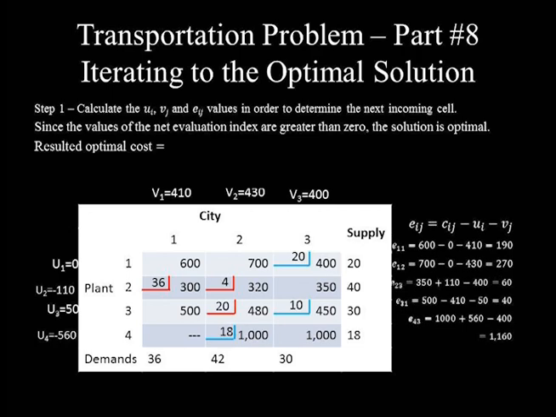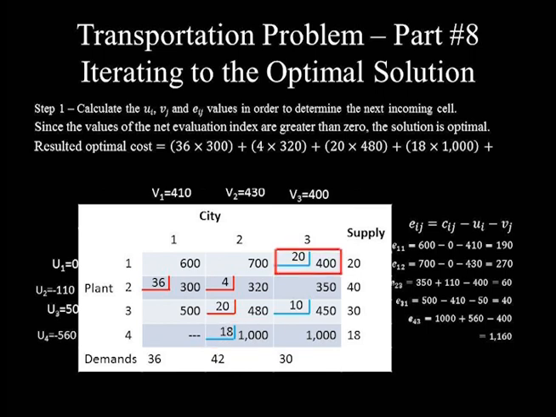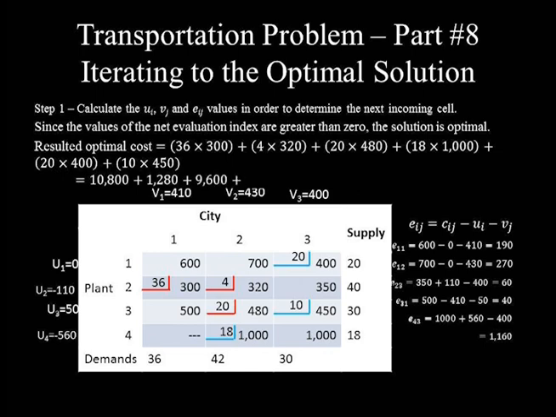So the resulting optimal cost is equal to 36 times 300 plus 4 times 320 plus 20 times 480 plus 18 times 1000 plus 20 times 400 plus 10 times 450. 36 times 300 is 10,800, plus 4 times 320 is 1,280, plus 20 times 480 is 9,600, plus 18 times 1000 is 18,000, plus 20 times 400 is 8,000, plus 10 times 450 is 4,500.